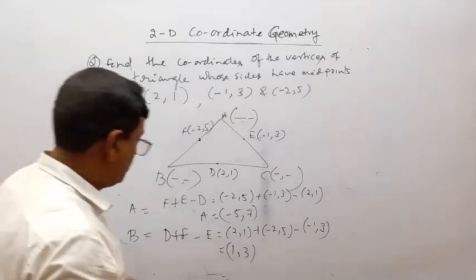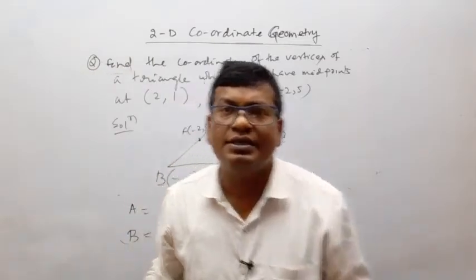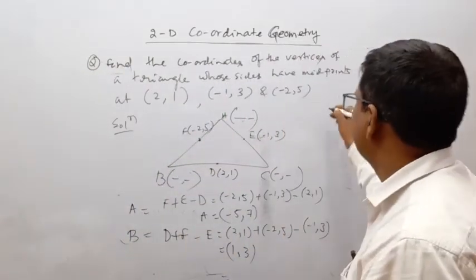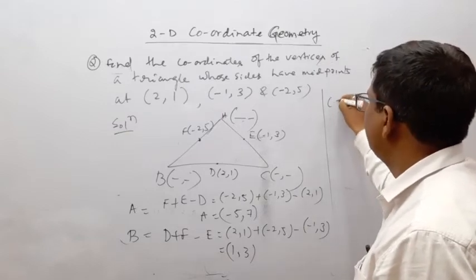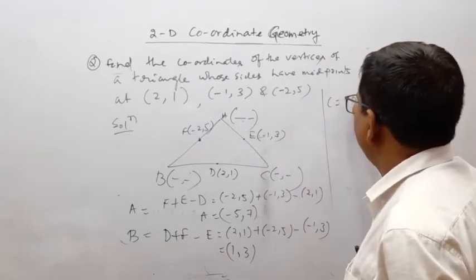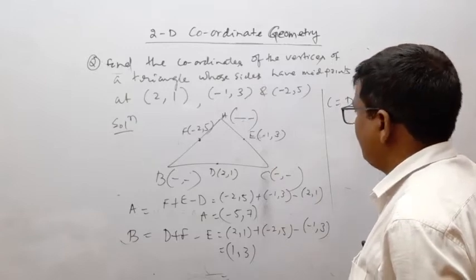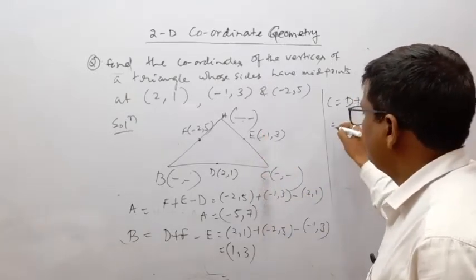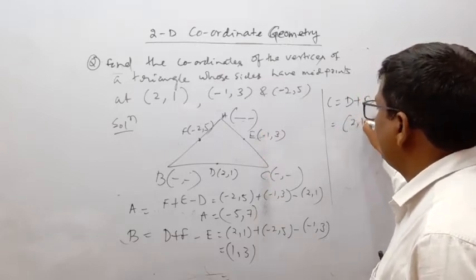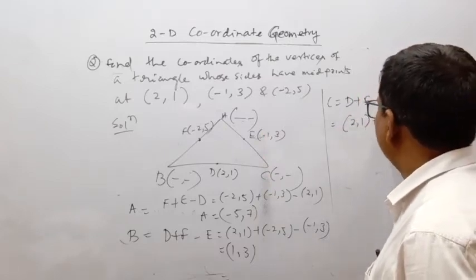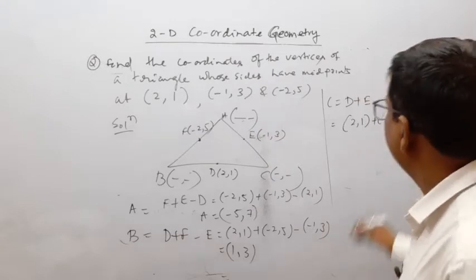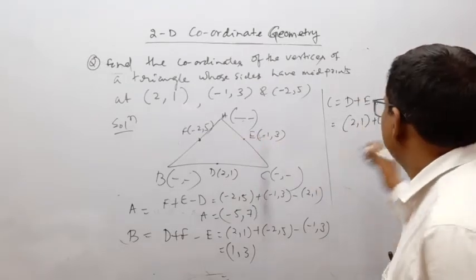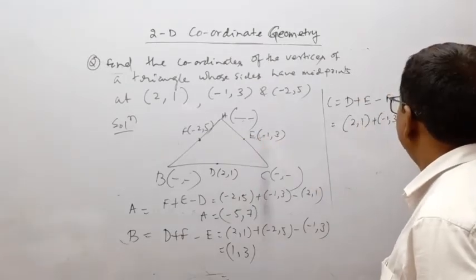Now the vertex C is equal to what? Vertex C is equal to D plus E minus F. D means what? 2, 1 plus minus 1, 3, and minus F means minus 2, 5.